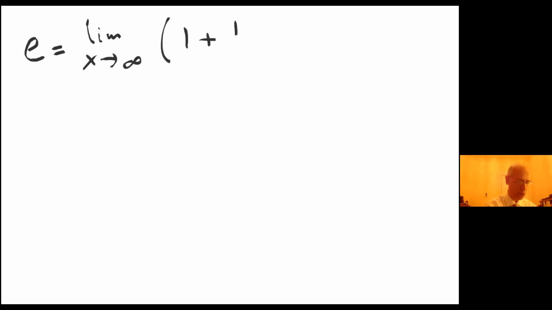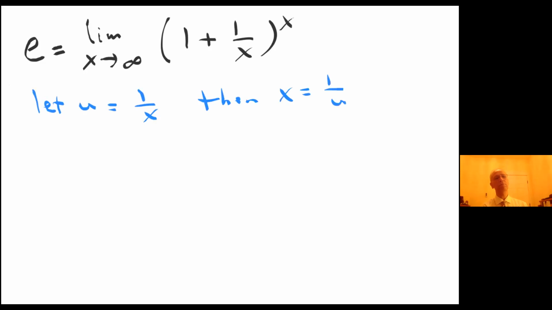So notice that when I have e equals limit as x is approaching infinity of 1 plus 1 over x to the power of x, if I let u equal 1 over x, then x equals 1 over u.